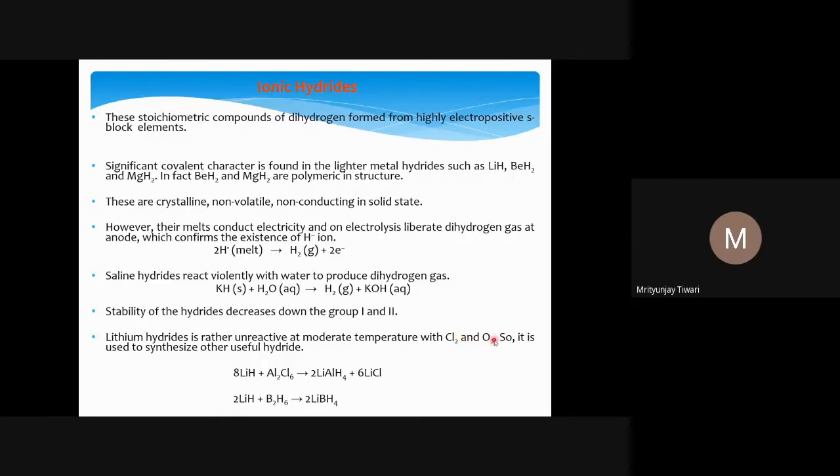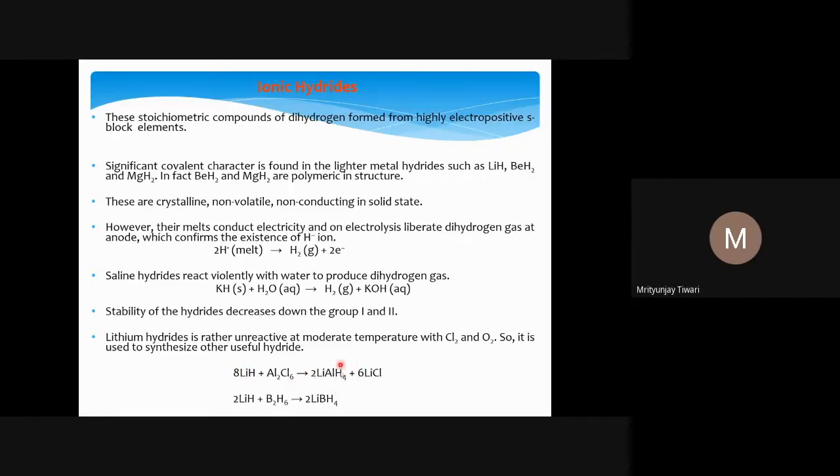So LiH doesn't react with Cl2 or oxygen at room temperature, so it is used in the synthesis of other useful hydrides. Since it is stable and doesn't react easily with chlorine or oxygen, which are there in large amounts in the atmosphere, we use Al2Cl6, aluminum chloride, which can react with LiH to form lithium aluminum hydride.